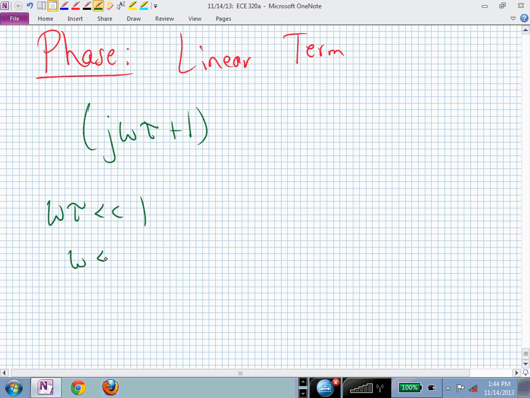This is when omega is much less than 1 over tau, which is omega c. We said that that linear, or that complex number, looks like 1. What's the angle of 1? That's 0 degrees, isn't it? 1 is 1 at an angle of 0.